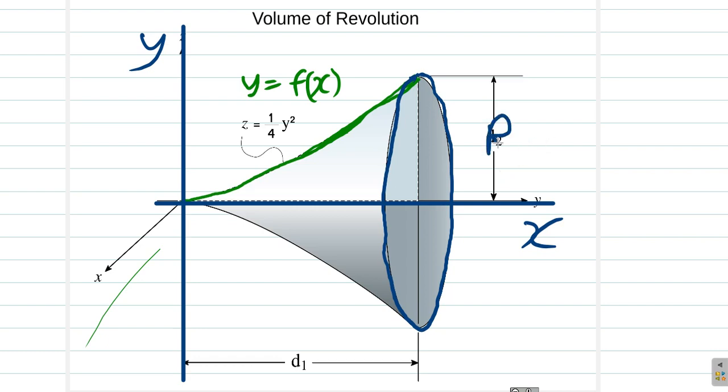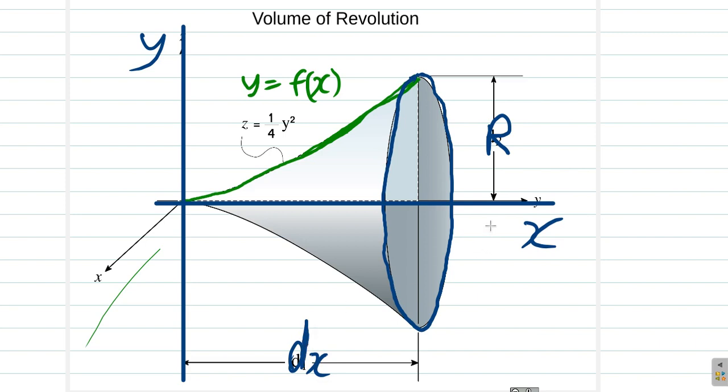What we have here is a radius from the center to the circumference, the radius, and then the distance from where we start to where we stop. Let's just call it dx, a difference in x.